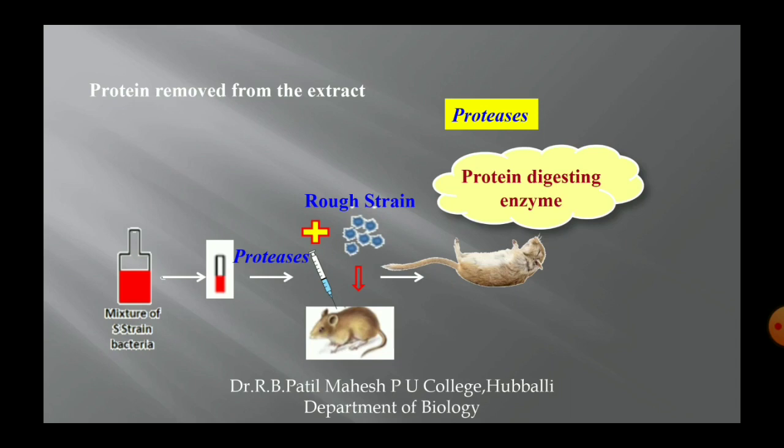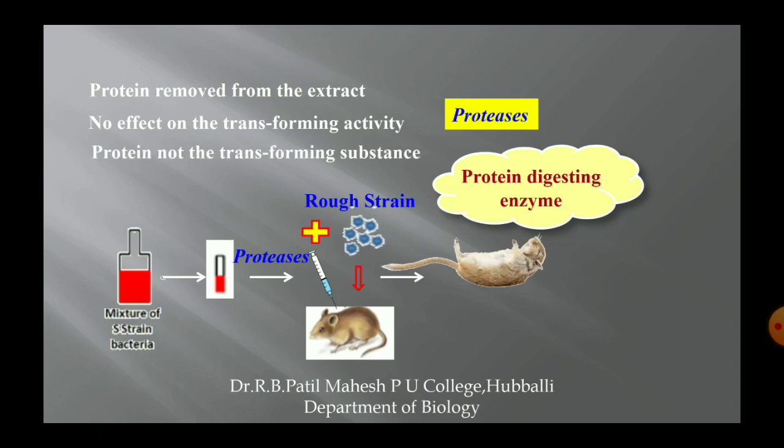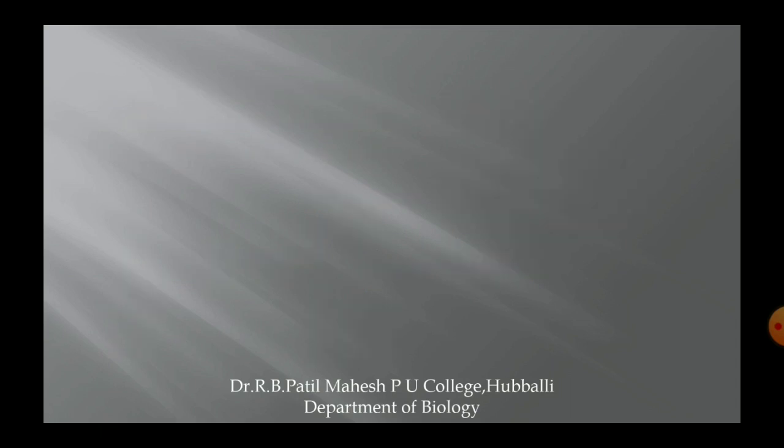Because we digested the proteins, and if proteins were the transforming substance, they would transform R cells into S cells. There is no effect on the transforming activity, so protein is not the transforming substance.